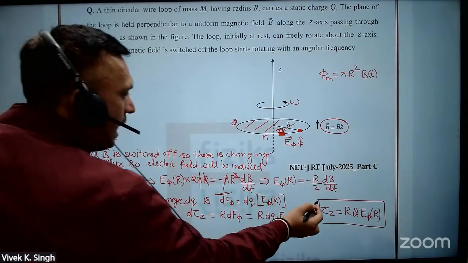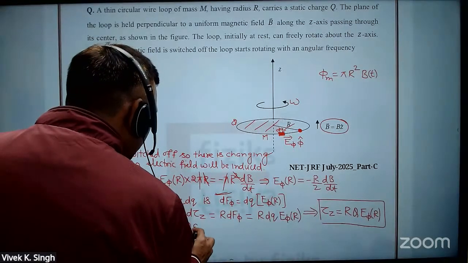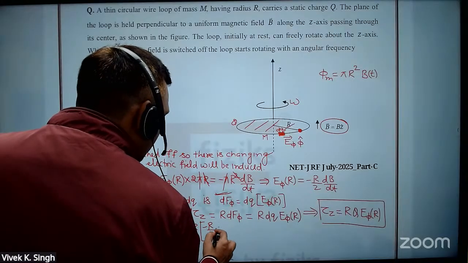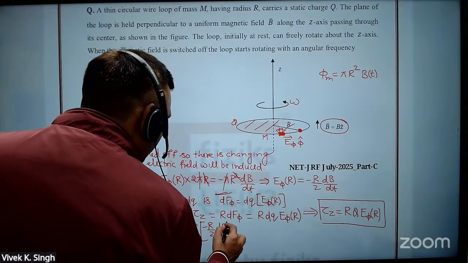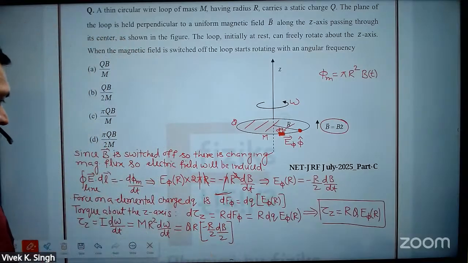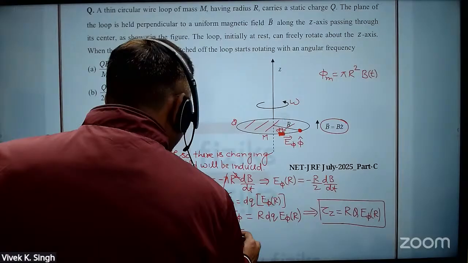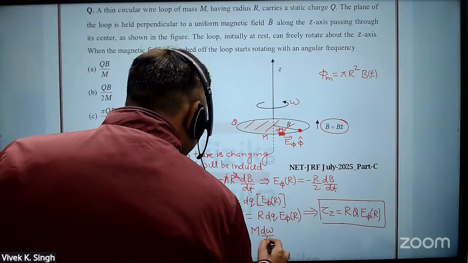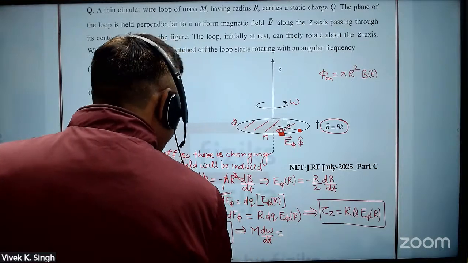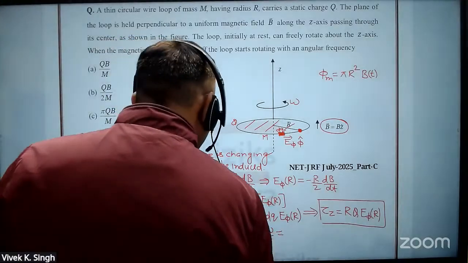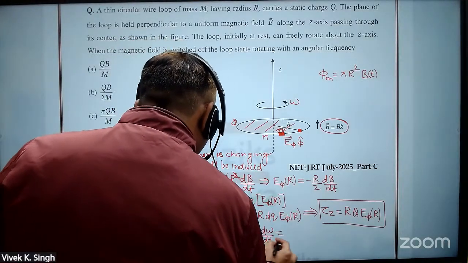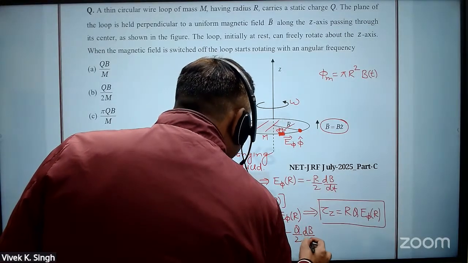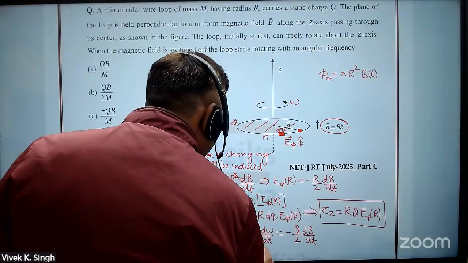And that should equal r q, q into r, and then you have minus r by 2 dB by dt. So what you will get? This will give you m times d omega by dt, and this r square will cancel out from this side. So you will get minus q by 2 dB by dt. Okay?